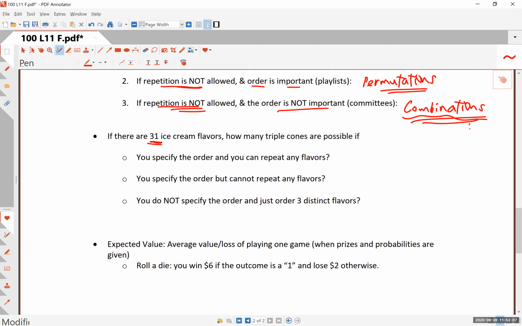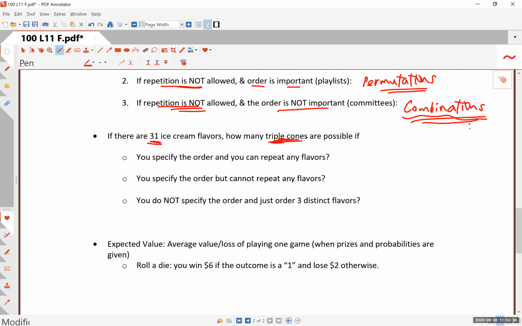You go to an ice cream store and you find out, to your surprise, there are 31 different ice cream flavors, and you are allowed to pick 3 flavors. So you can have a triple cone, a free triple cone, with 3 flavors out of the 31 flavors available at the store.